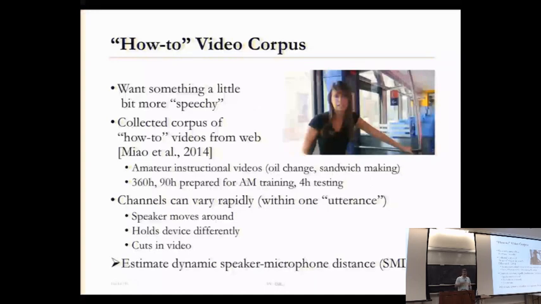It's still amateur instructional videos, so it's pretty challenging quality, but it's all in English, and it contains lots of speech rather than having 2 seconds of speech out of a 2-minute video. Still, the speakers move around a lot, they hold the device differently, there's cuts in the video, and they're explaining things like how to change the oil in your car, how to make a sandwich, how to play certain ball games. It's still a very challenging corpus.